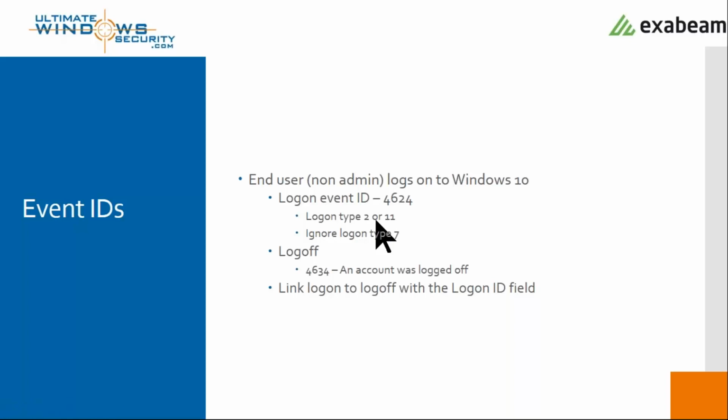But if within a relatively short period of time you log out, log back in, Windows is going to say, you know what, I still have a Kerberos ticket granting ticket for Randy Smith.